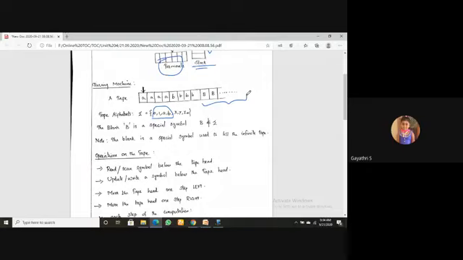The tape is infinite, so the remaining part is filled by a blank symbol, which is represented in your textbook by capital B. So the tape in Turing machine contains alphabets, a combination of terminals as well as the blank symbol.